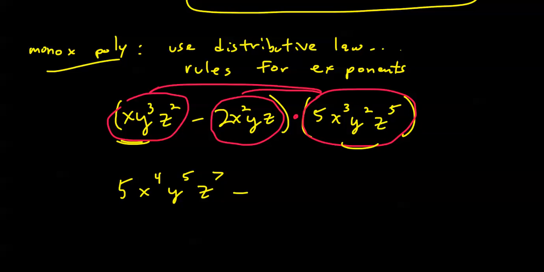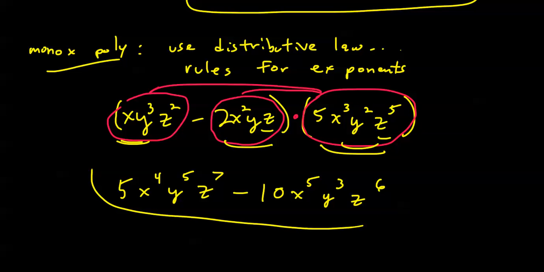Now minus, because I got a negative 2 here, this times this is going to give me a minus 10 multiplying the coefficients times x to the fifth, y times y squared is y cubed, and z to the first power times z to the fifth power is z to the sixth power. So 5x to the fourth, y to the fifth, z to the seventh, minus 10 x to the fifth, y cubed, z to the sixth.